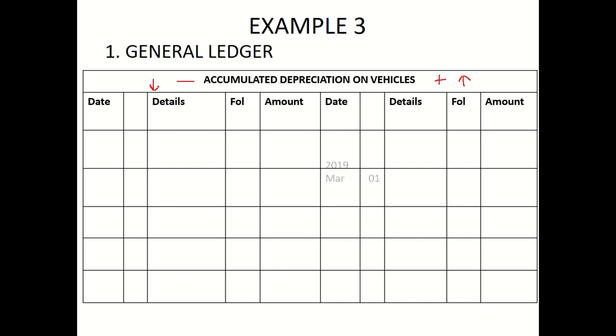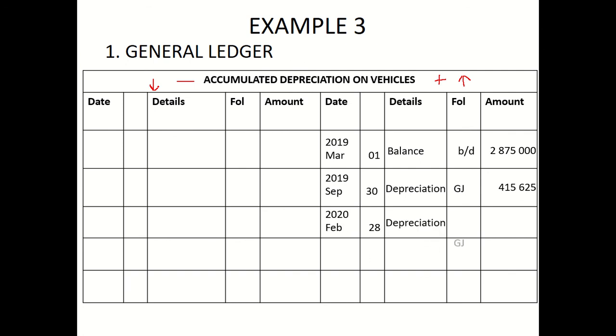Now, balance at the beginning of the year in this case, guys, will be 2,875,000. Depreciation will be 415,625, and depreciation of all the vehicles will be 168,750.